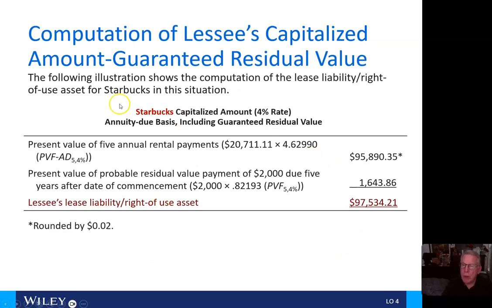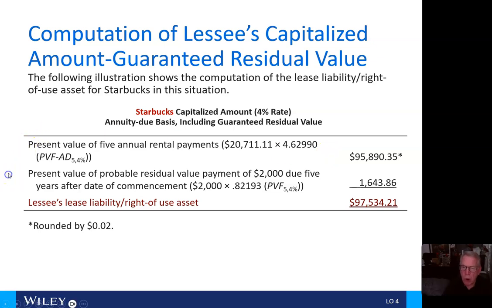The following illustration shows the computation of the lease liability and right of use asset for Starbucks in this situation. The present value of 5 annual rental payments is $20,711.11 times the present value factor, and that comes out to $95,890.35.